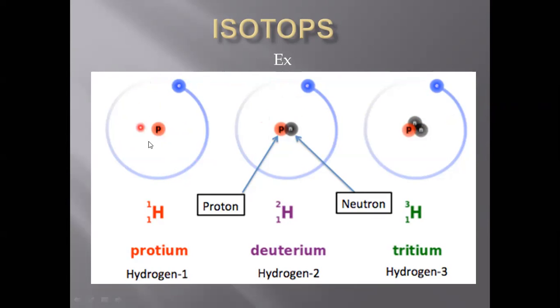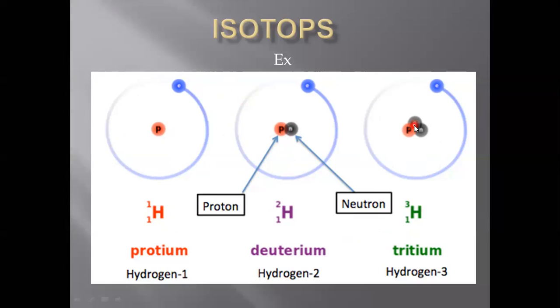So what you can say is that I have different atoms of the same element. What is the element I have here? The element is hydrogen. Atoms of the same element with the same number of protons: here one proton, here one proton, here one proton.